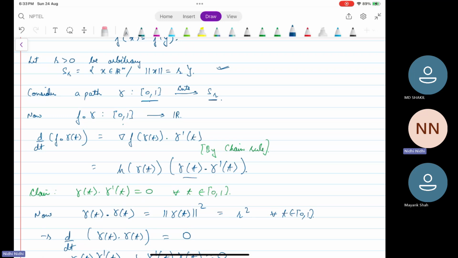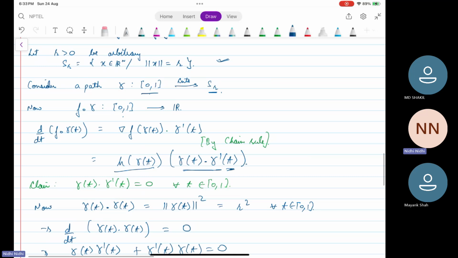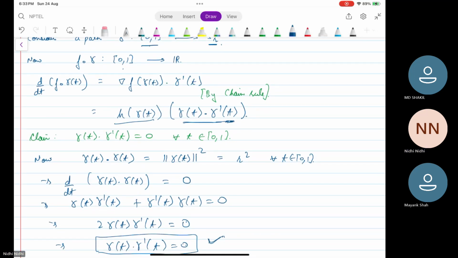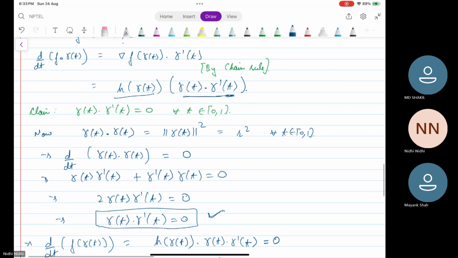Here we are doing dot product. So eventually this can be taken out. And since this is zero, this will be a scalar, because after dot product we get zero. So this is zero, a real number, and it is multiplied by h gamma t.